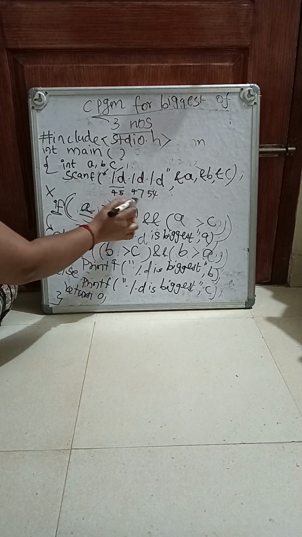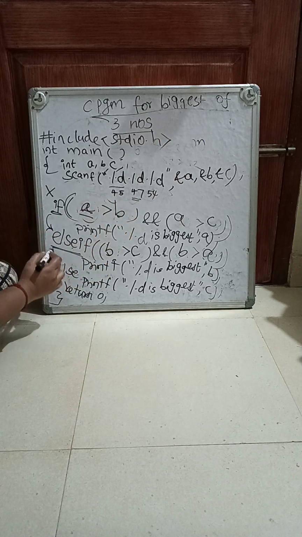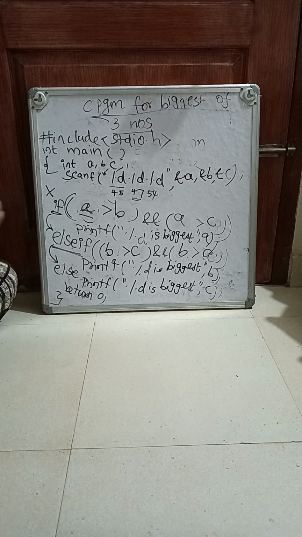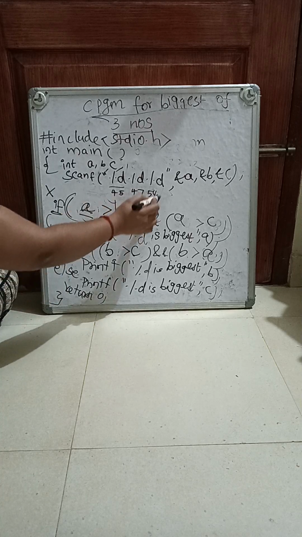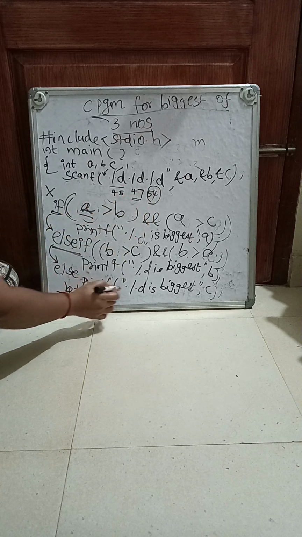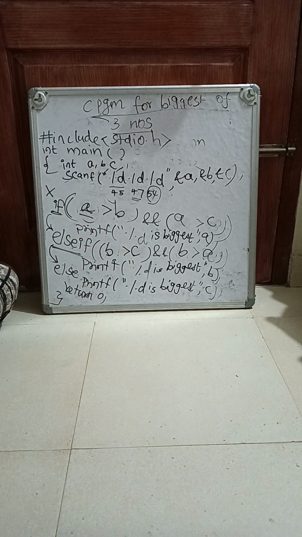Here it will check for 47. This is also false, so it will go to the else case. Here it is 54, so now it is going to print 54 is the biggest number.